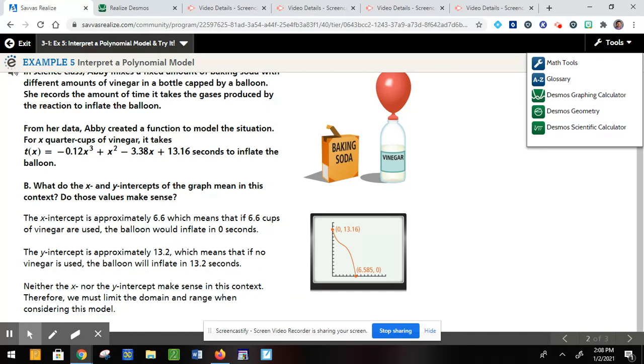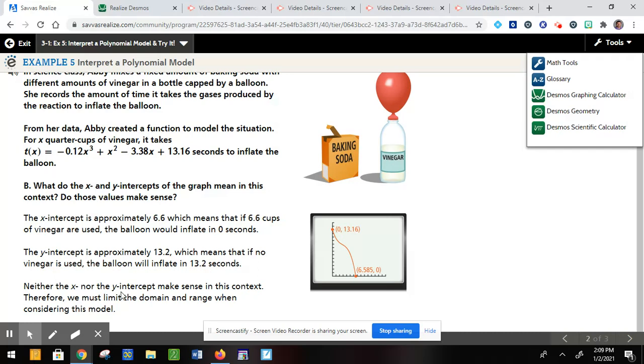And then the y-intercept is saying, well, if you use 0 cups of vinegar, so no vinegar, it would take 13.2 seconds for the balloon to inflate. Well, the balloon's not going to inflate if there is no chemical reaction. So if you use 0, the balloon's never going to inflate. So both those don't make sense in the context.